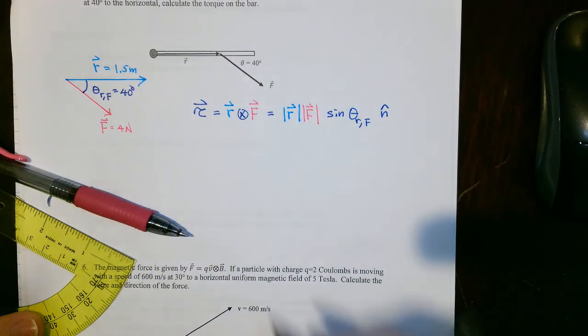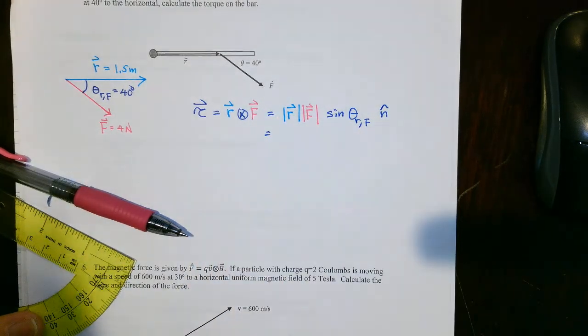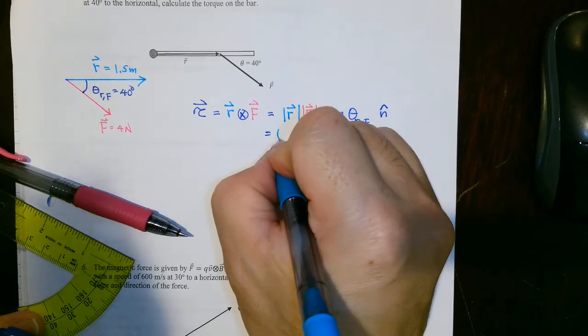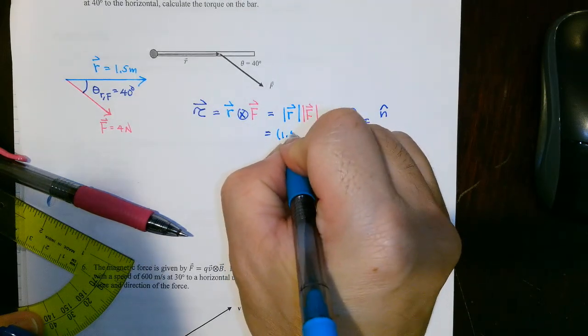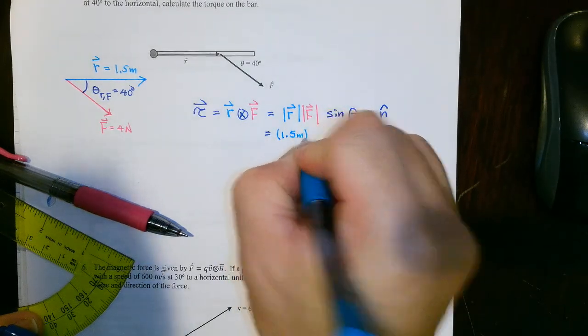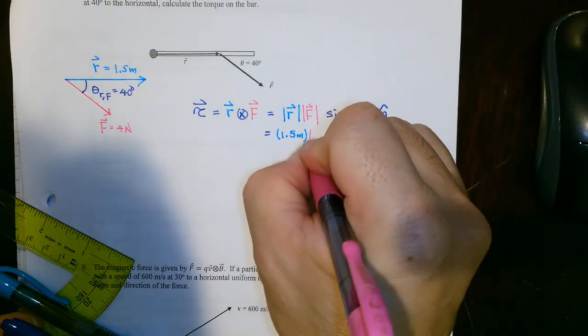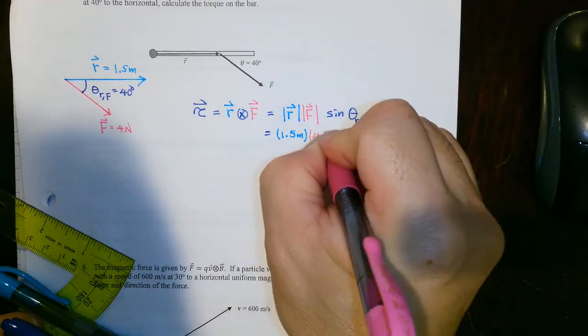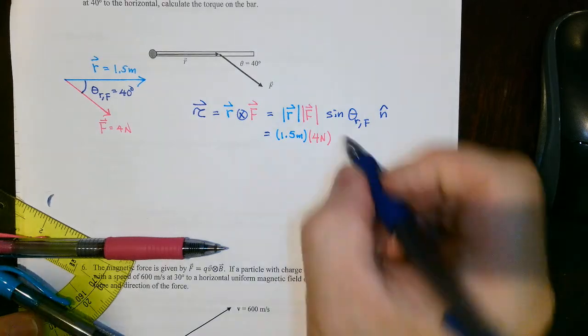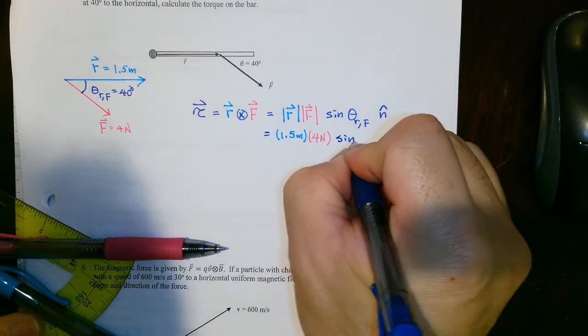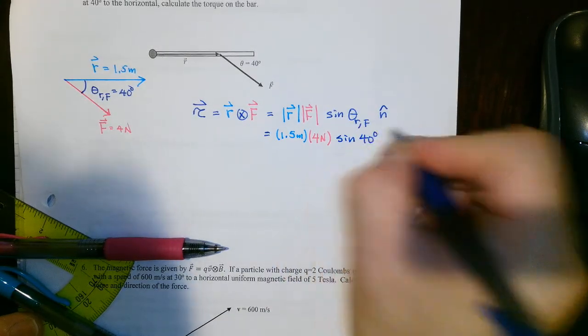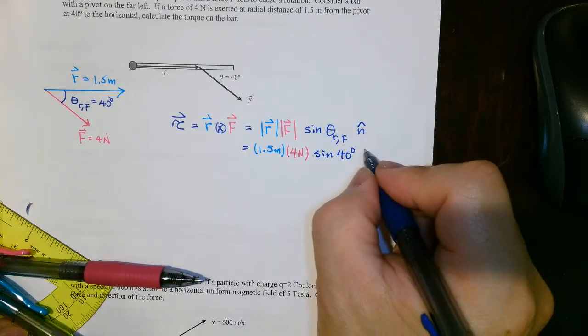So here, my torque now is equal to R, which happens to be 1.5 meters, my F happens to be 4 newtons, times sine of 40 degrees. But what's my n hat?